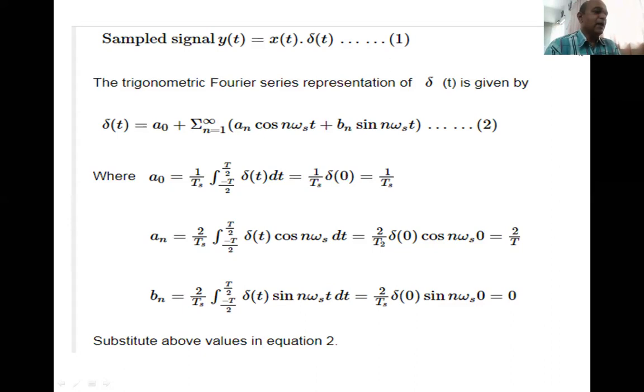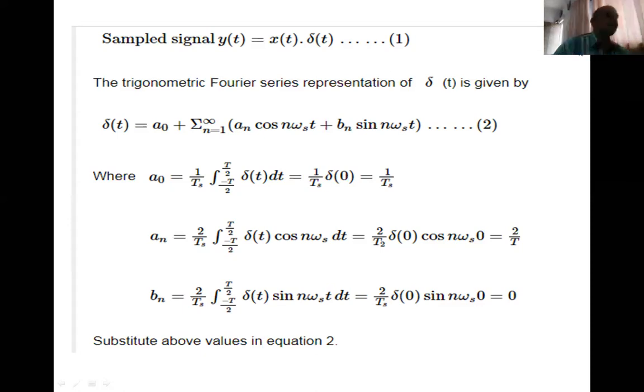Now you have delta t terms. Now if you find the sampled signal, that is y of t, it is a mixture of x of t and delta of t.